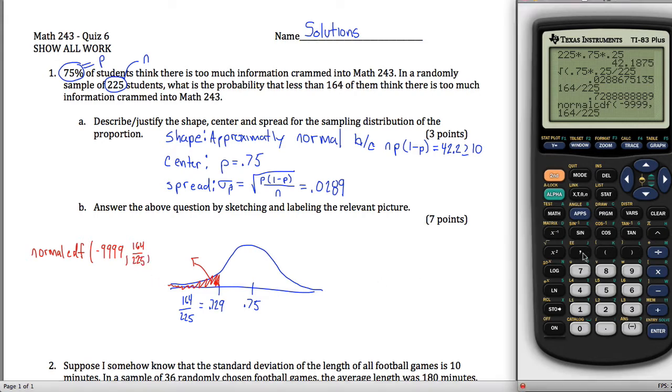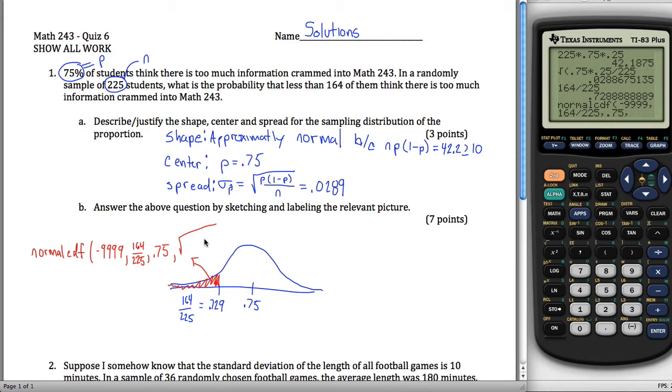And then I put in my center, which is 0.75. And then my spread, which is the square root of 0.75 times 0.25 divided by 225. It's this number right here.